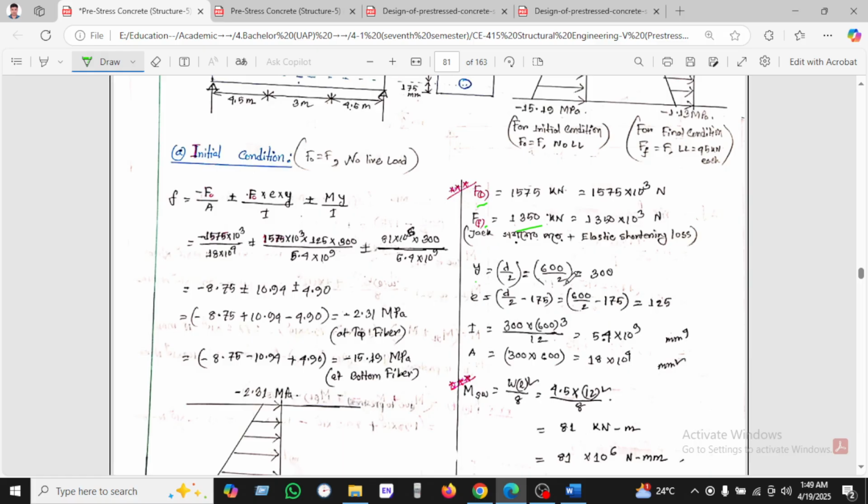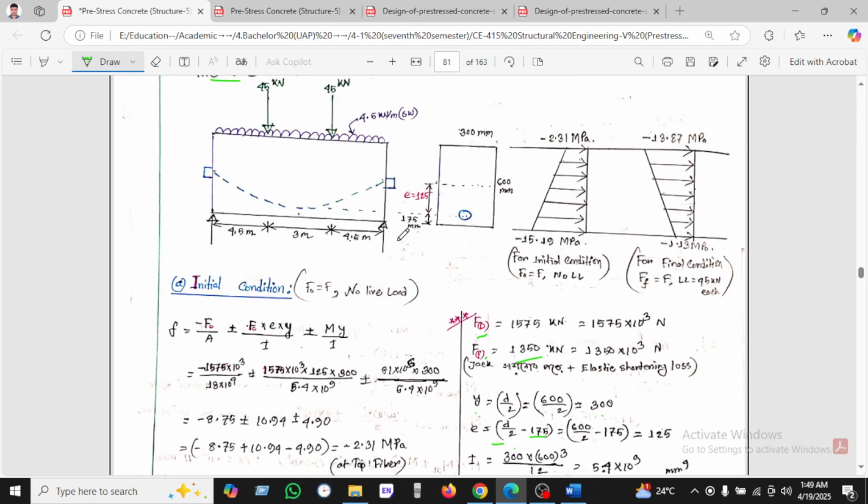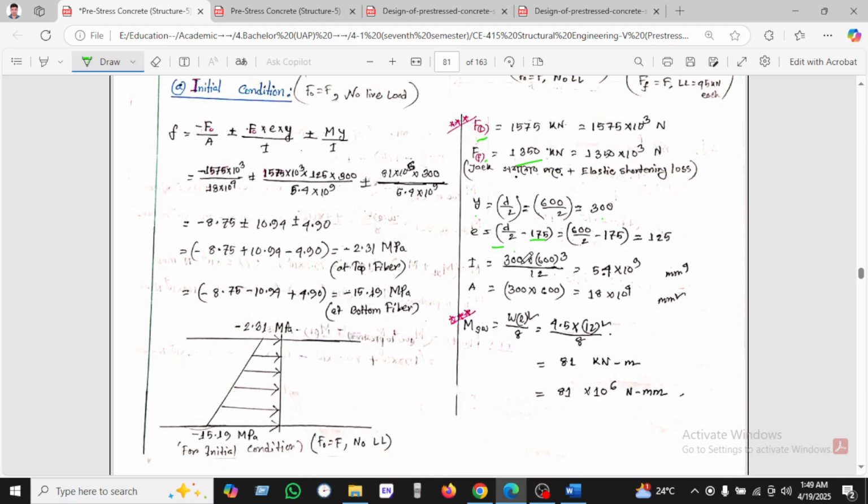So y equals d divided by 2, and e is given as 175. How did we get the 175? This is the maximum distance, or the chord distance from the bottom, and the moment of inertia and A. How will we calculate the moment, which is WL square by 8, and W is 4.5, only self weight.